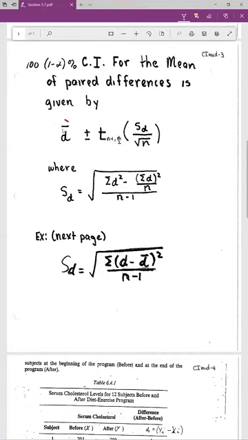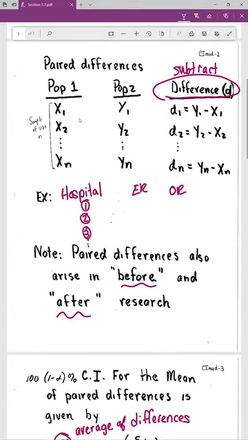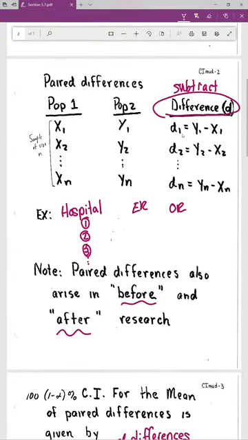And this d bar, that is the average of our differences. So if we scroll back up, our d bar comes from adding up our d1 plus d2 plus all the way to dn and dividing by n.